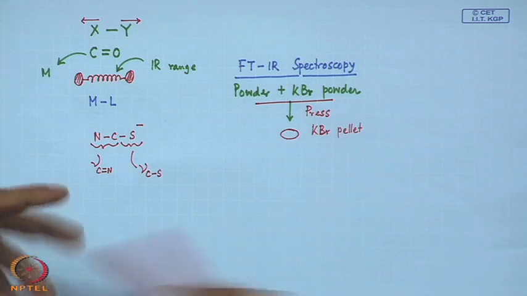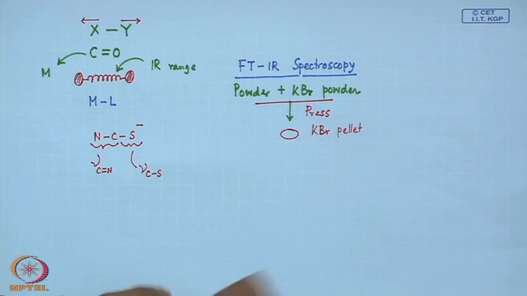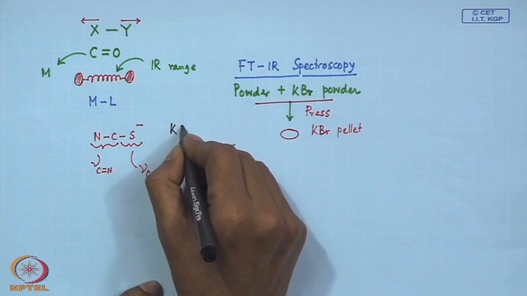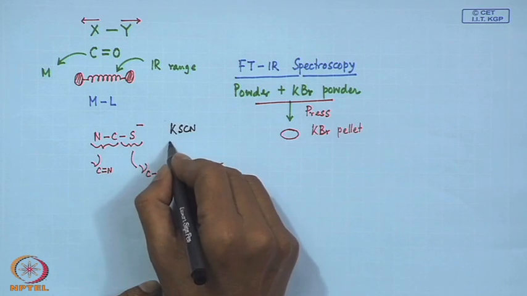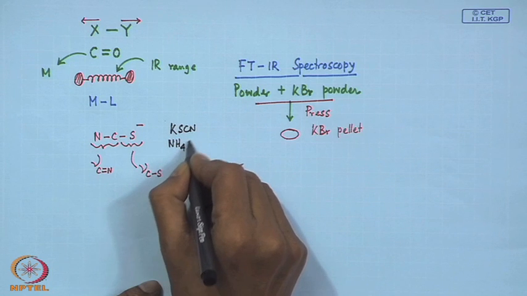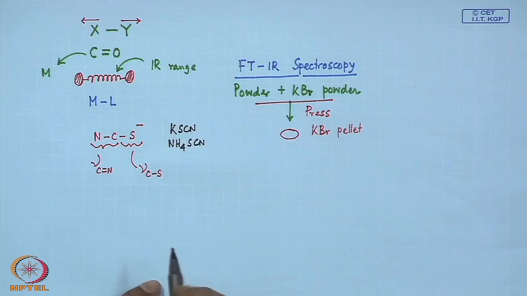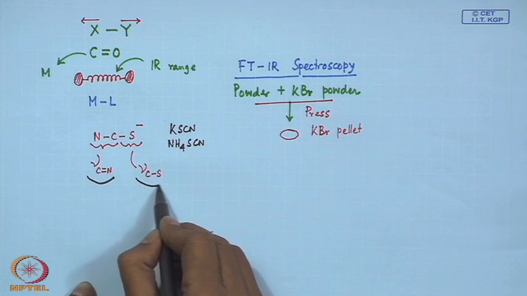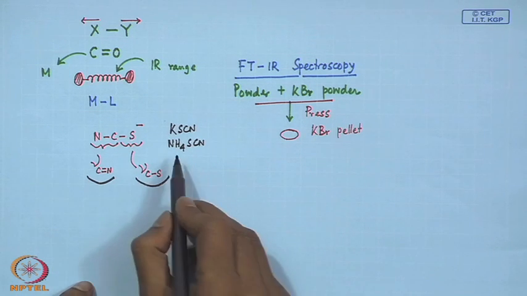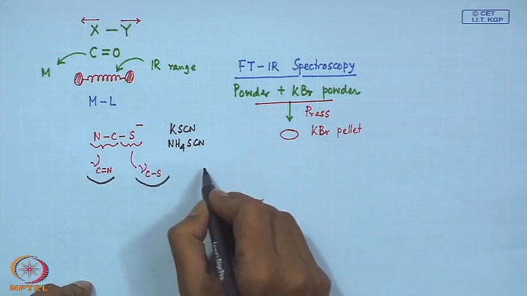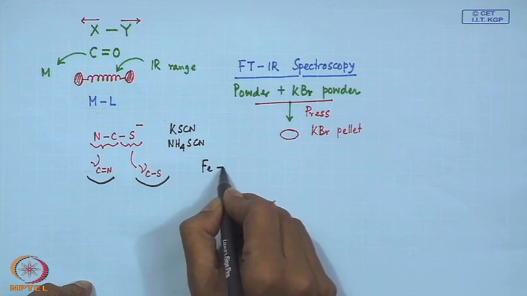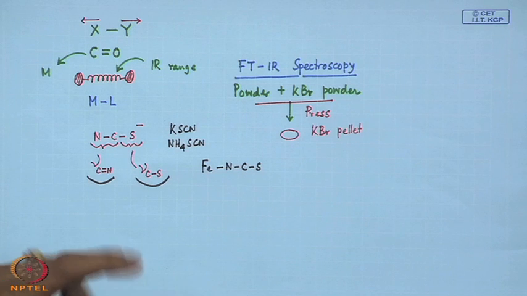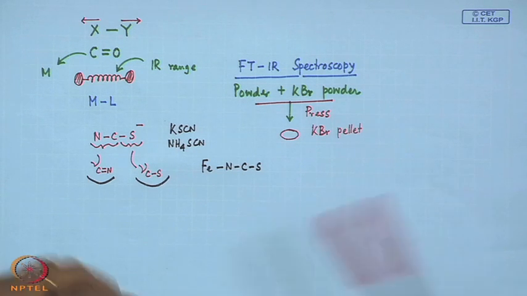If we can monitor these two nicely in the parent salt, that can be potassium thiocyanate or ammonium thiocyanate, these two values are known when it is not bound to the iron center. But when it is bound to the iron center, we can compare these stretching frequencies.